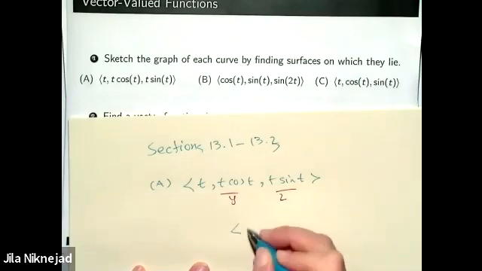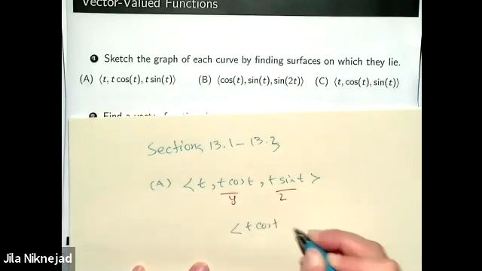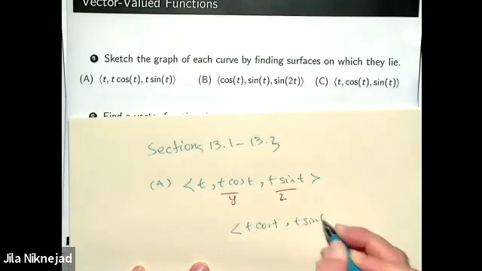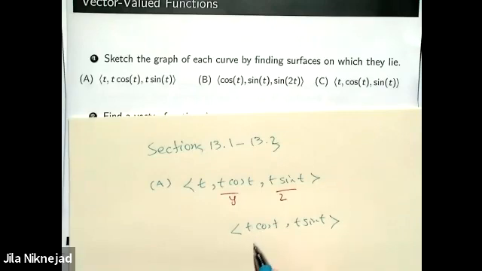That projection is going to look like t cosine of t and t sine of t, right? And then this is the projection on yz. In the yz plane, there looks like this spiral. It's like a circle, but the radius is increasing, so it becomes a spiral.